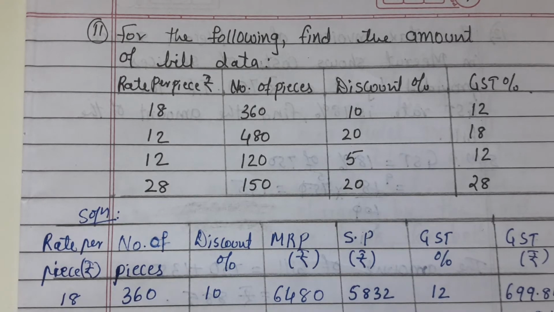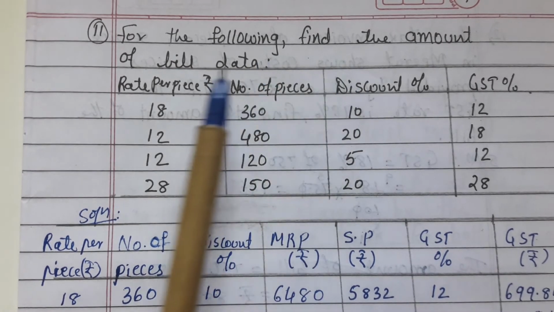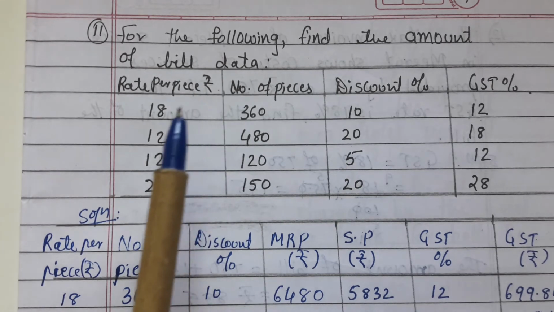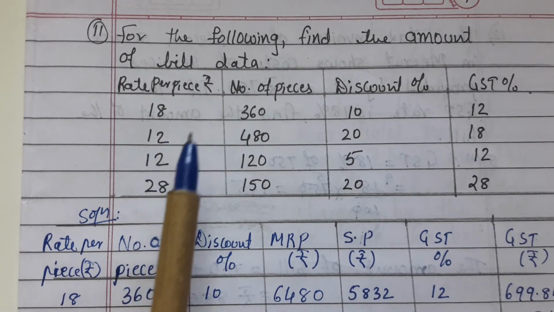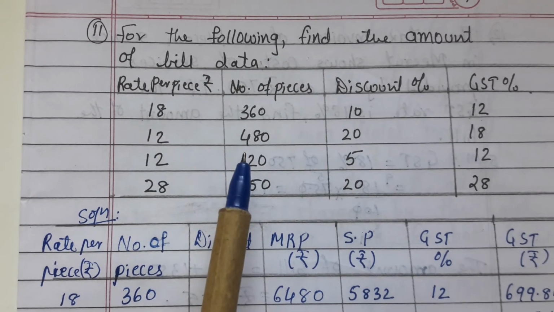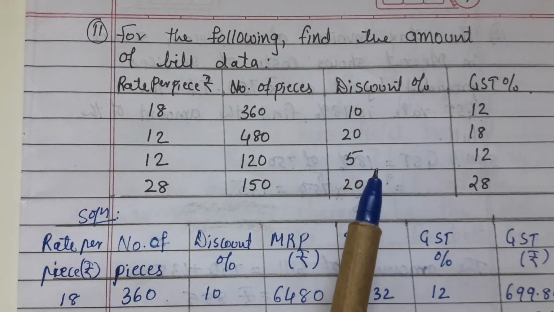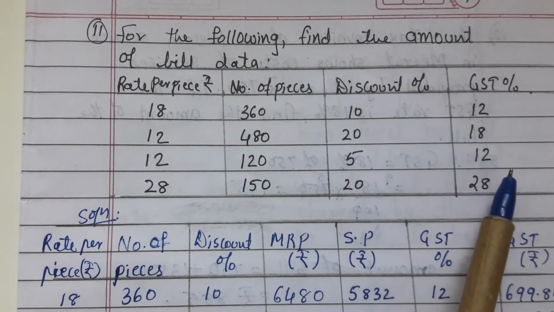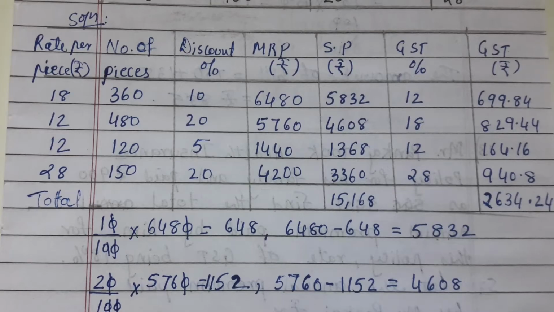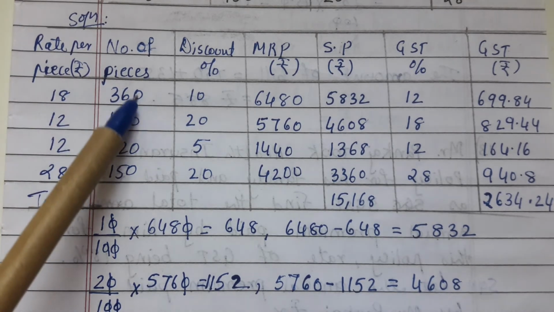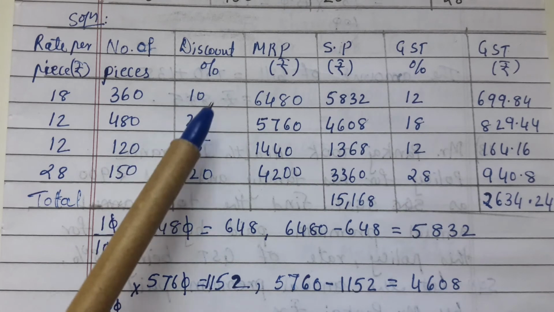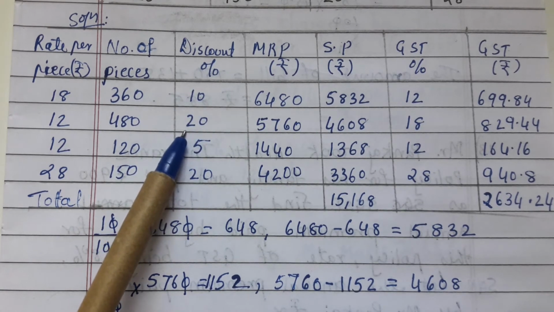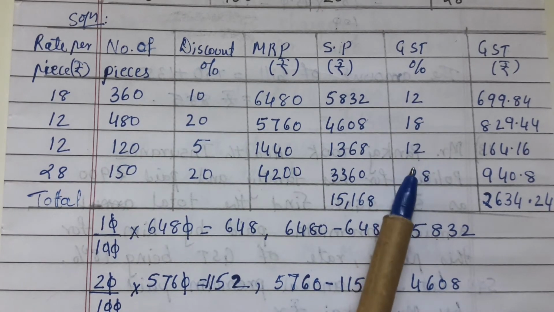Sum number 11. For the following, find the amount of bill. Rate per piece is given, number of pieces, discount percentage and GST percentage. We will write them here.